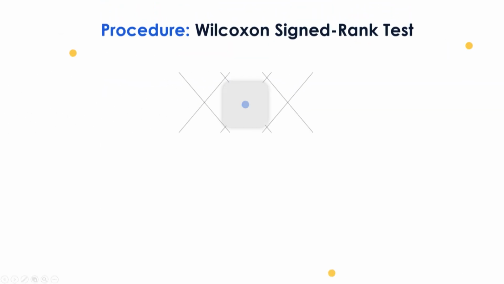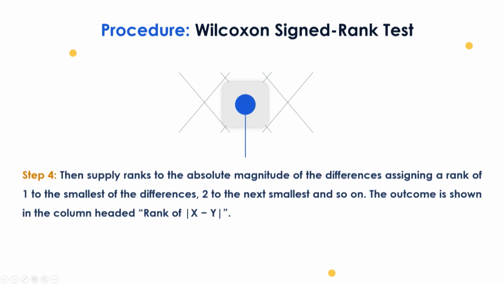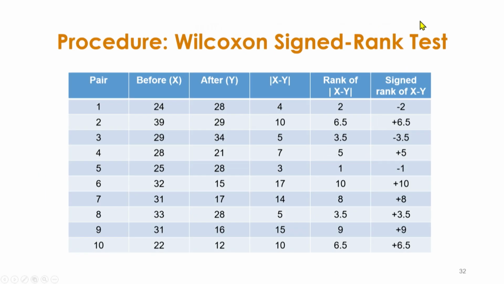The next step is to apply ranks to the absolute magnitude of the differences, assigning rank 1 to the smallest and rank 2 to the next smallest, and the outcome is shown under the heading rank of x minus y. Now we give the sign.